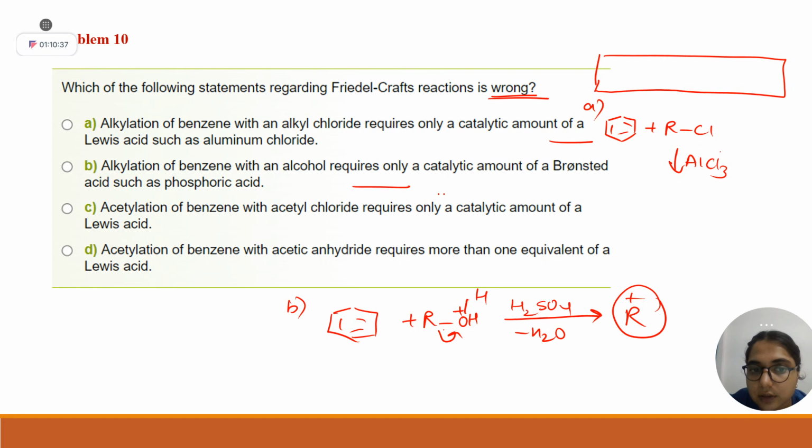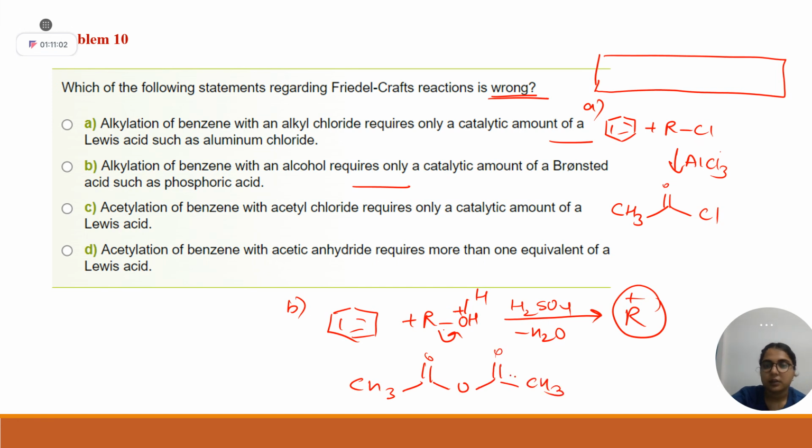For your D, ma'am. Acetyl chloride is what? This. And acetic anhydride, I hope everyone knows. Let me draw. This is your acetic anhydride, CH3CO-O-CO-CH3.